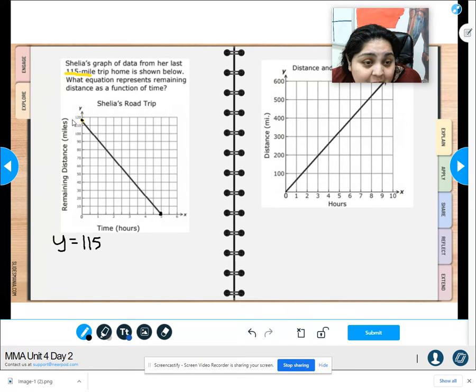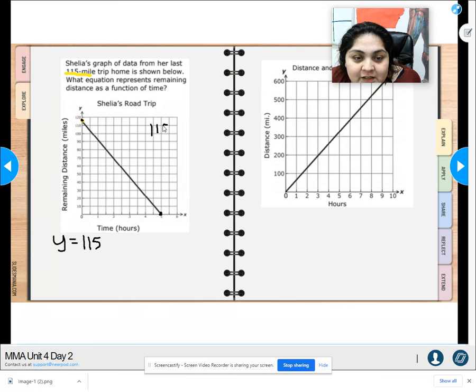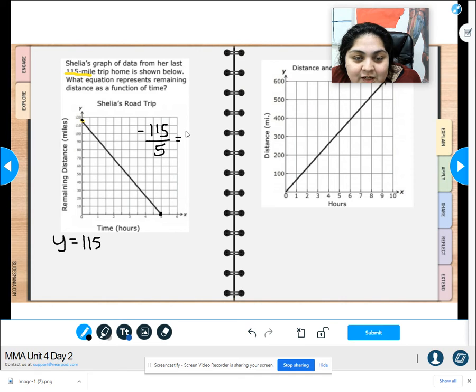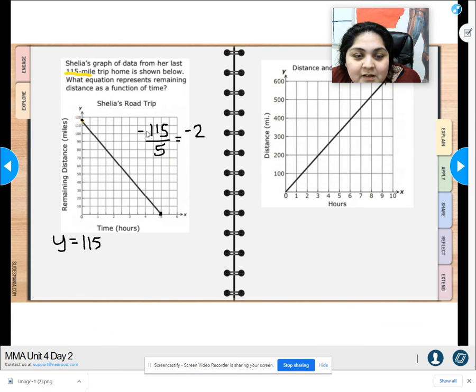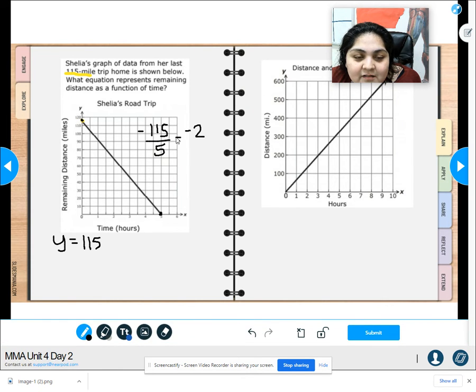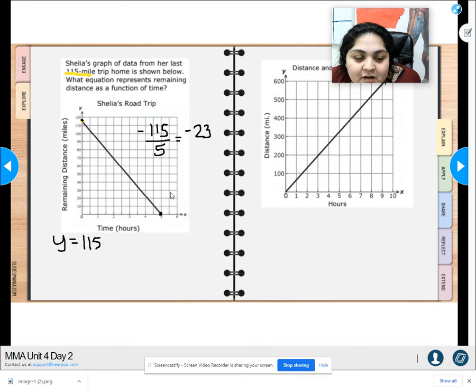She was 115 miles away from home. It took her 5 hours to get home. That's what the x-intercept is, how long it took her to get home. So we would do 115 divided by 5, and that's a negative 115. 5 goes into 11 2 times, and then the 15 is 3. So minus 23x.